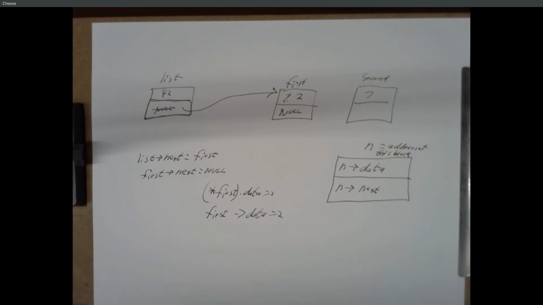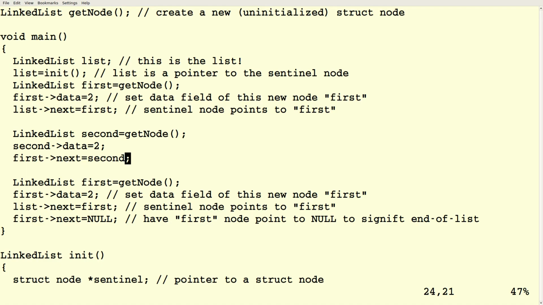Yeah? Quickly going back, when we're saying something like first instead of star first, is first like the overall structure, and then when we're saying star first, that's like actually going to it? So first is an address. First is a struct node star, that's what linked list is. So first is an address. If I say first arrow next, that's like star first, the thing that it points to, dot next.